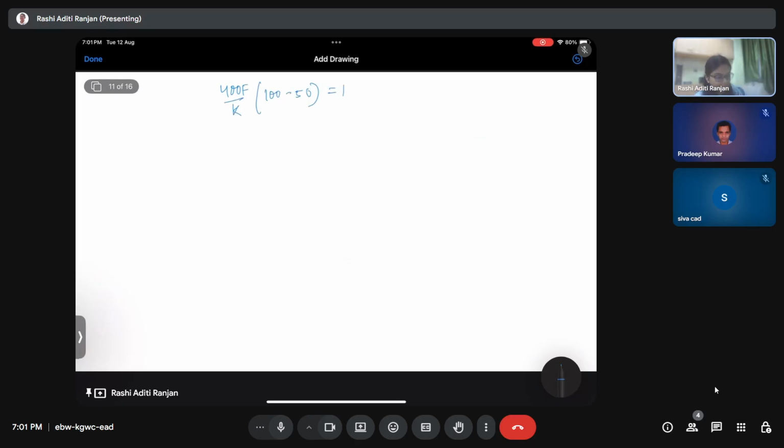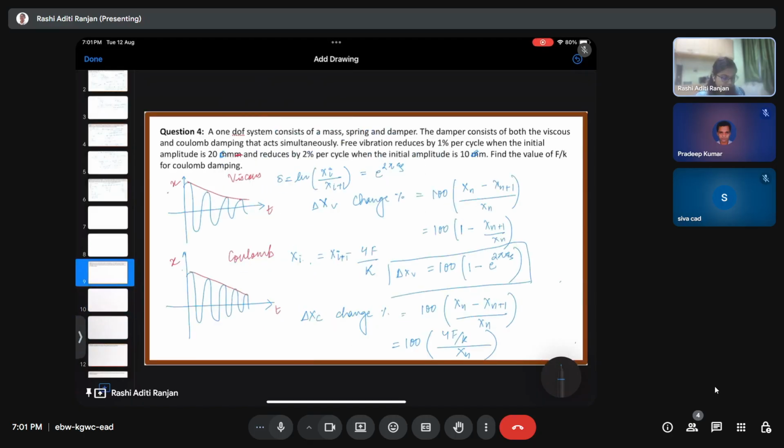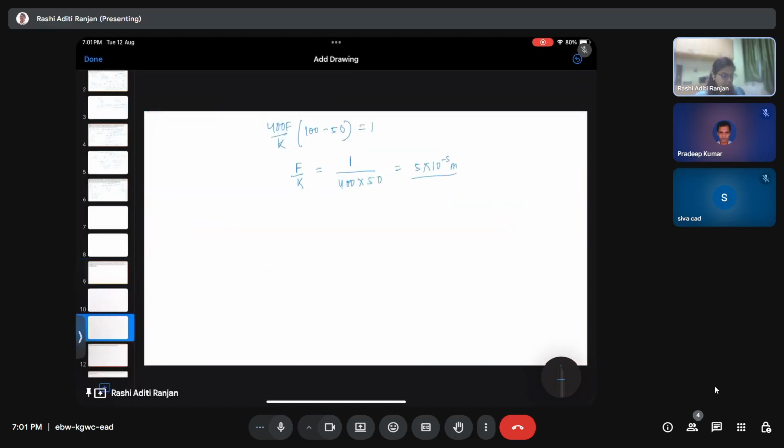Now, F by K is nothing but 1 by 400 into 50, which turns out to be 5 into 10 to the power minus 5 meters, right? So this is what we are going to get from over here.